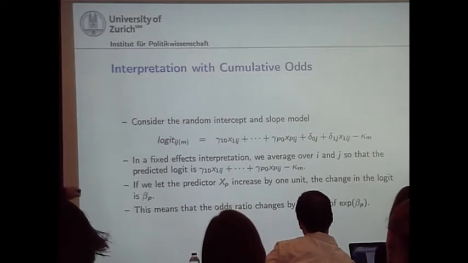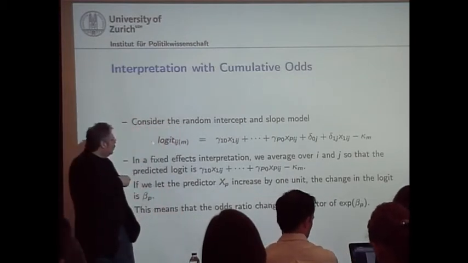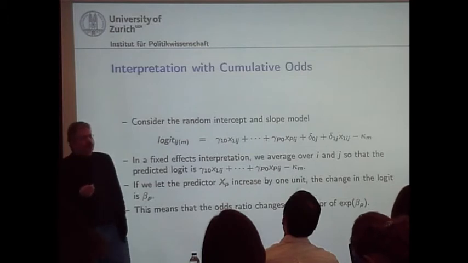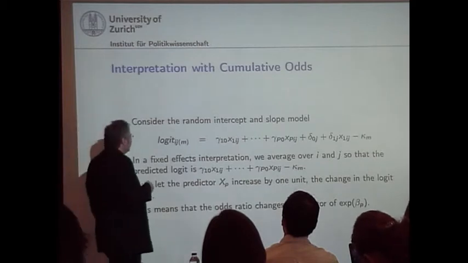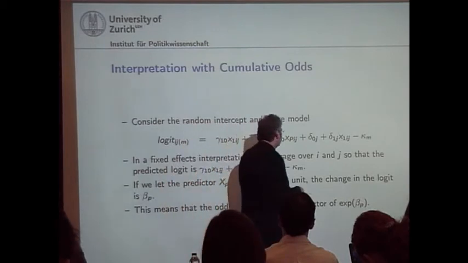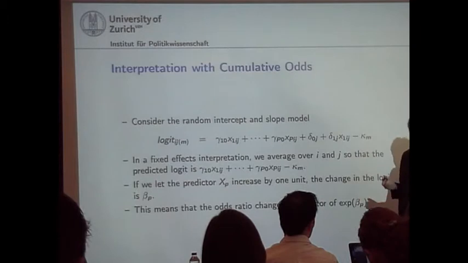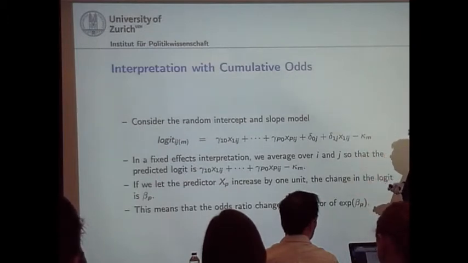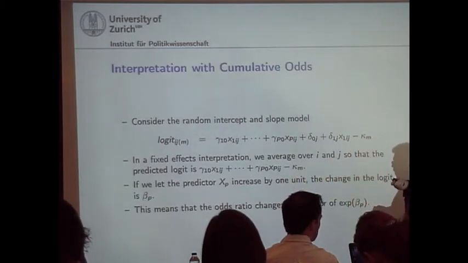When we do the odds ratio interpretation, we start out again with the logit, and usually what we end up doing is a fixed effects interpretation, where we take the expectation of the logit, which then means basically these terms delta 0j, delta 1j, x1ij drop out. And we're left just with the fixed portion and the threshold.